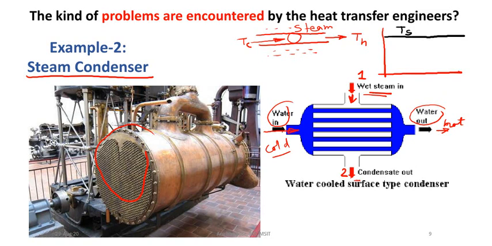Whereas this is the inlet temperature of the cold water, and the temperature of the cold water will gradually increase up to the temperature of the hot water. This is the process taking place in the water tubes, and here is the temperature of the steam, which is constant.